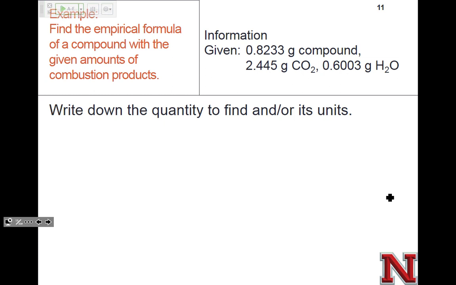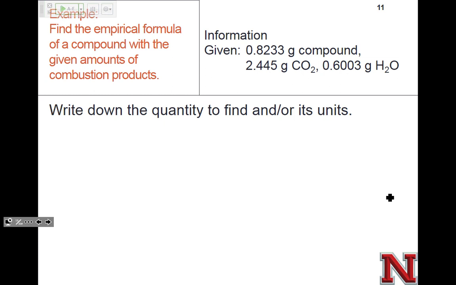Once we get to moles of this, we can divide by our smallest number of moles and get our empirical formula. So that's what we're trying to get to. So the question is, with this data we're given, could we calculate our moles of carbon, moles of hydrogen, and moles of oxygen? And the answer is yes, we can.